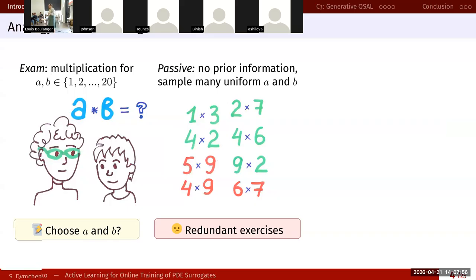However, at the exam, they will fail because they didn't spend enough time practicing harder exercises like multiplying by 6 or 7, because they spent a lot of their time practicing multiplying by 1 and 2.